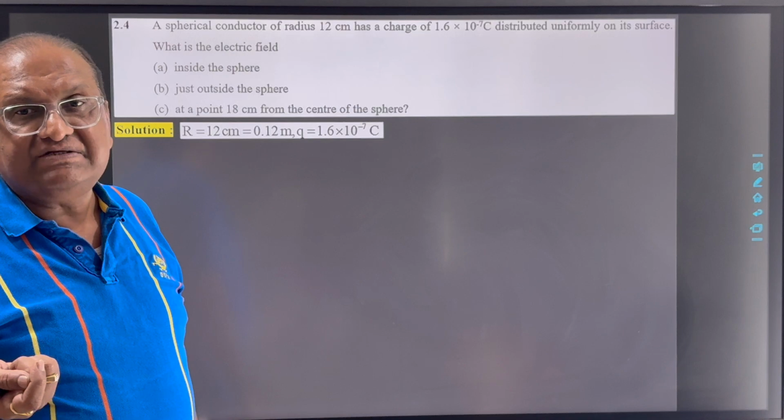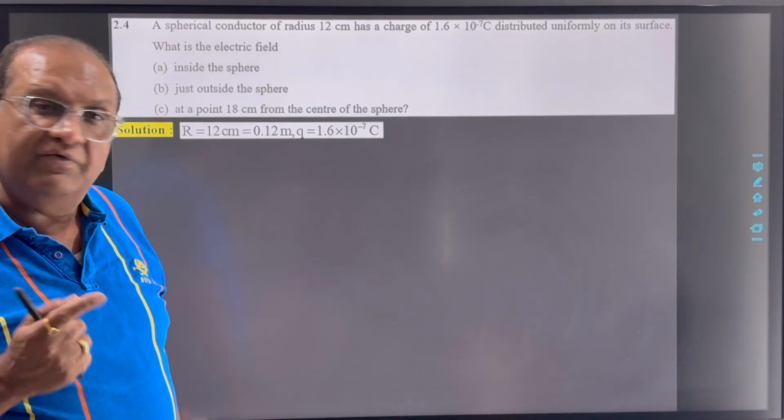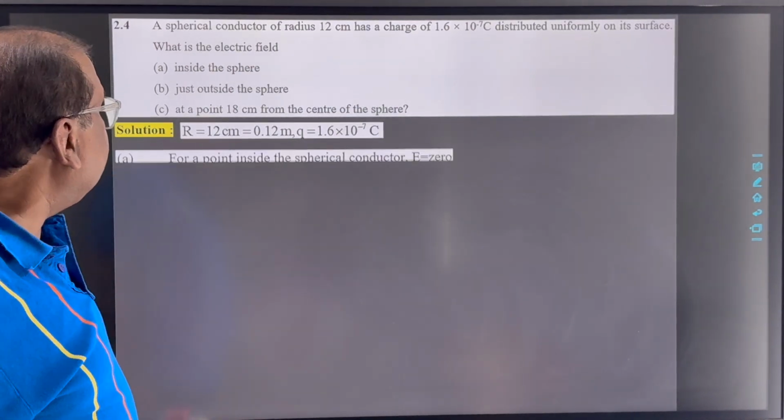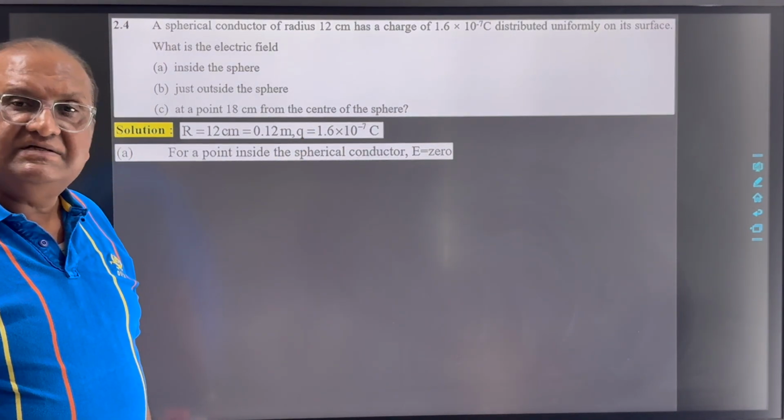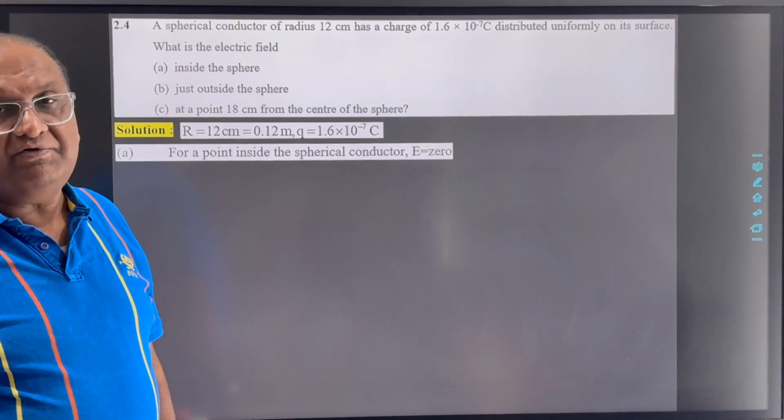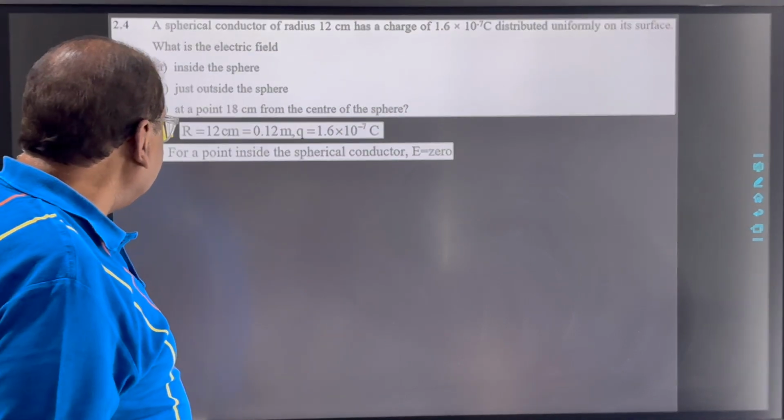So flux passing through it will be 0. So we can say inside it the electric field will be 0. And in chapter number 1 we also discussed this theory, right?